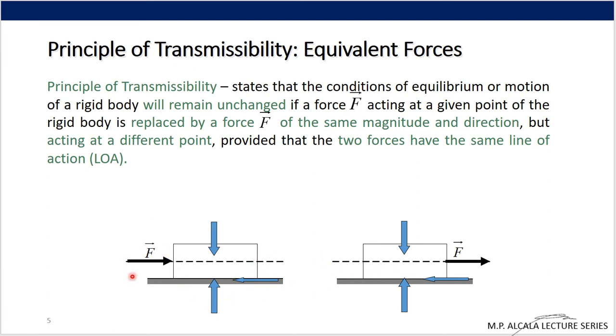For this example, maybe the force F is pushing the box, but in this case, the force F is pulling the box. So the force here is a push force, but in this case a pull force, but they are equal because they are on the same line of action.